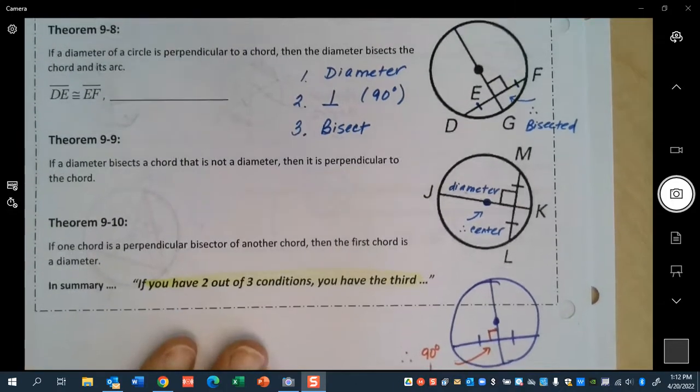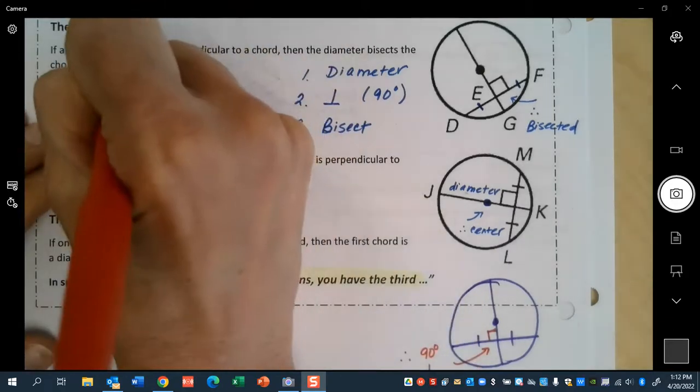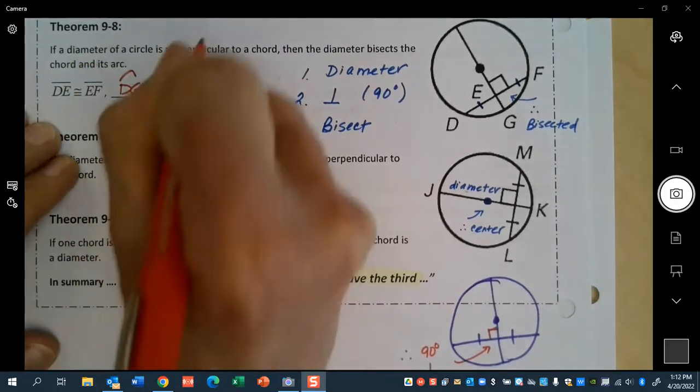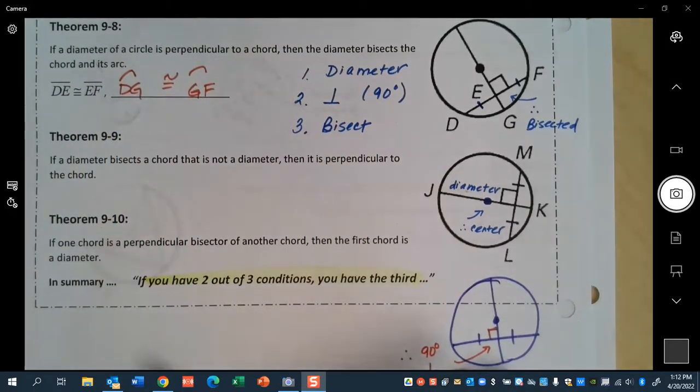So our theorems go like this. If the diameter of a circle is perpendicular to a chord, then it bisects the chord and the arc. So DE is congruent to EF, and arc DG is congruent to arc GF. If a diameter bisects a chord that is not a diameter, that's perpendicular to the chord.